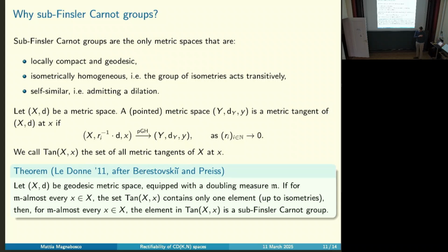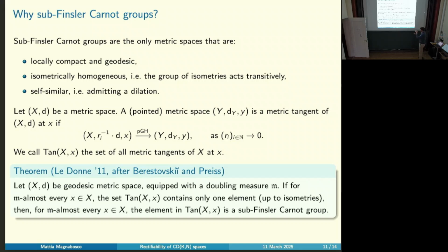In particular, in a smooth Riemannian manifold, the metric tangent at a point is exactly the tangent space at that point with the scalar product at that point.